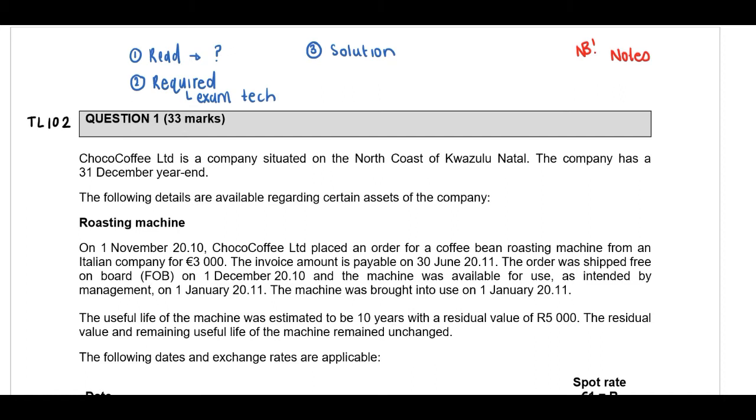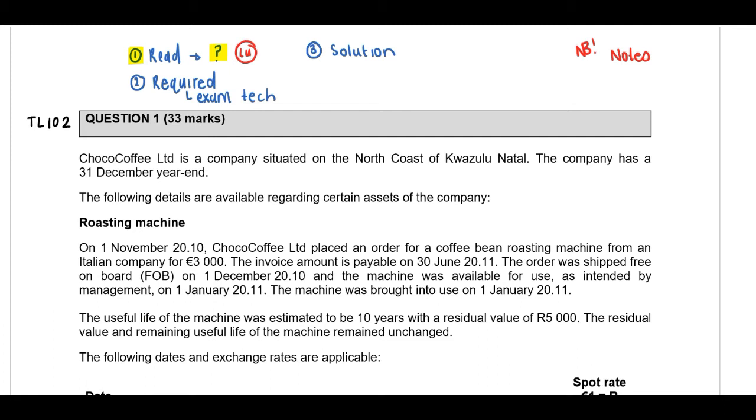The purpose of this video is to indicate to you, when you read through a scenario, what to identify as important information, and which applicable learning unit you need to apply to that paragraph.